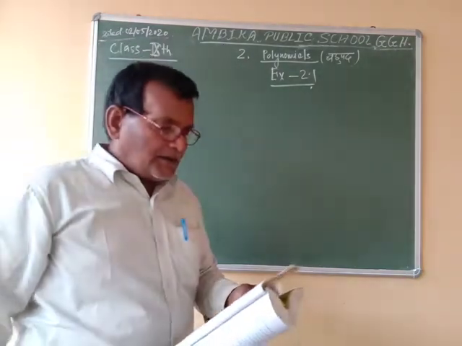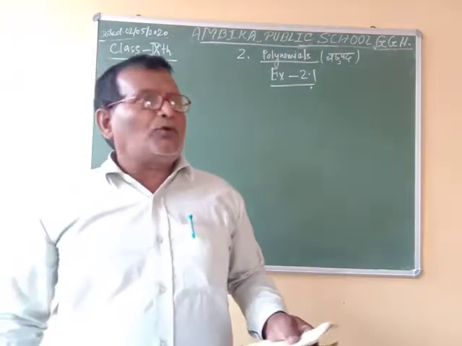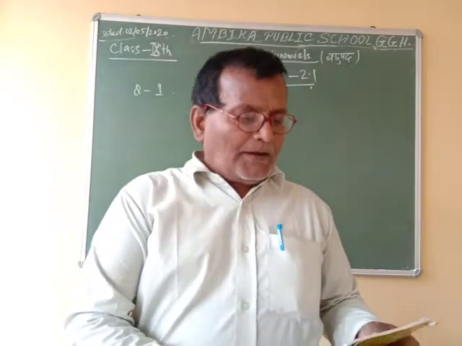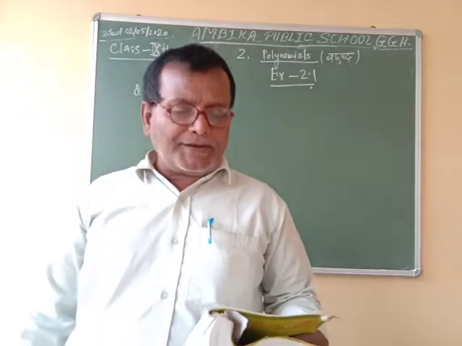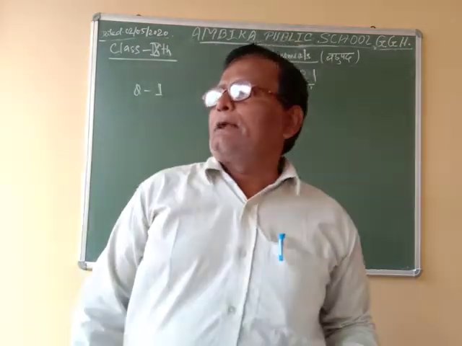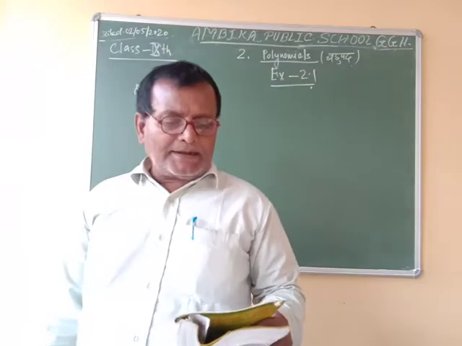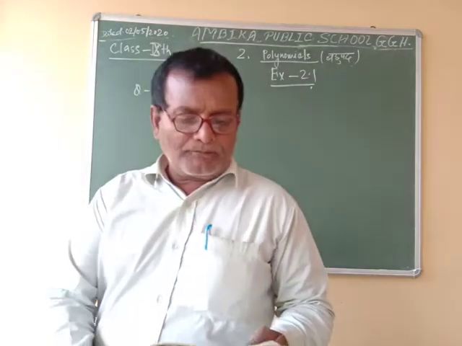State reasons for your answer. निम्नलिखित व्यंजकों में कौन कौन बहुपद हैं एक चर में, and which are not, और कौन बहुपद नहीं है. State reasons for your answer, अपने उत्तर के लिए कारण दें.